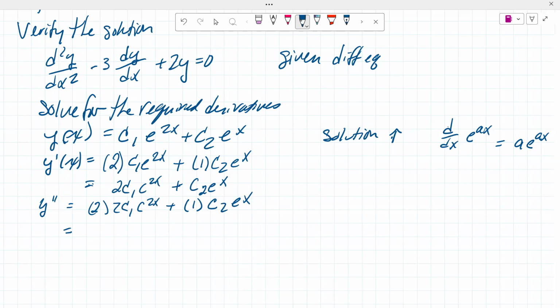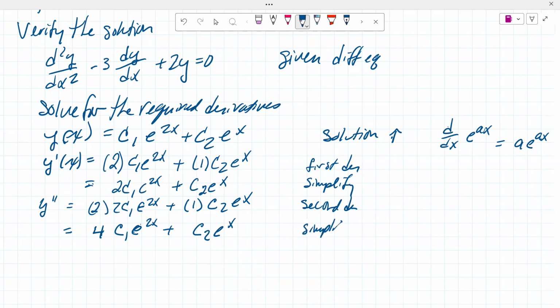So this is taking the first derivative, the second derivative, and simplify: 4c1e to the 2x plus c2e to the x. Okay, and that's the simplify. Great.